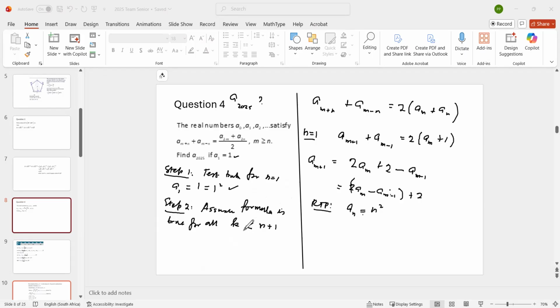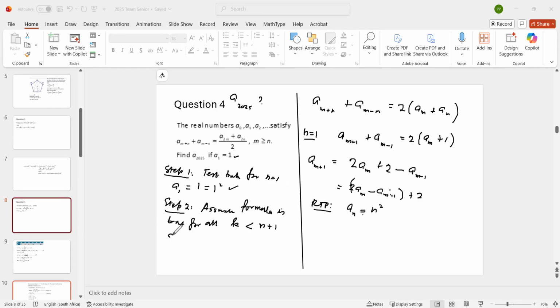Actually, the induction says assume it's true for k, and then you try to prove that it's true for k plus 1. But the other way of looking at it is to assume it is true for all the numbers from 1 all the way up to k, and then all the way up to n, because k less than n plus 1 means it goes up to n. And then you say, if that is true, is it also true for the n plus 1 formula?